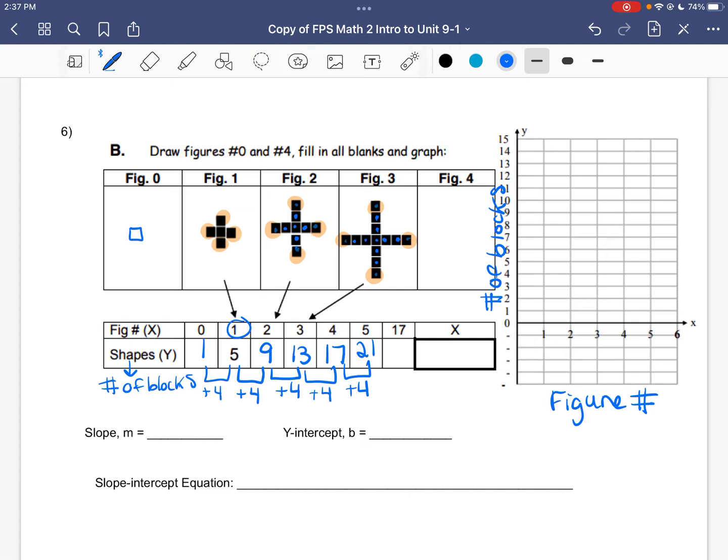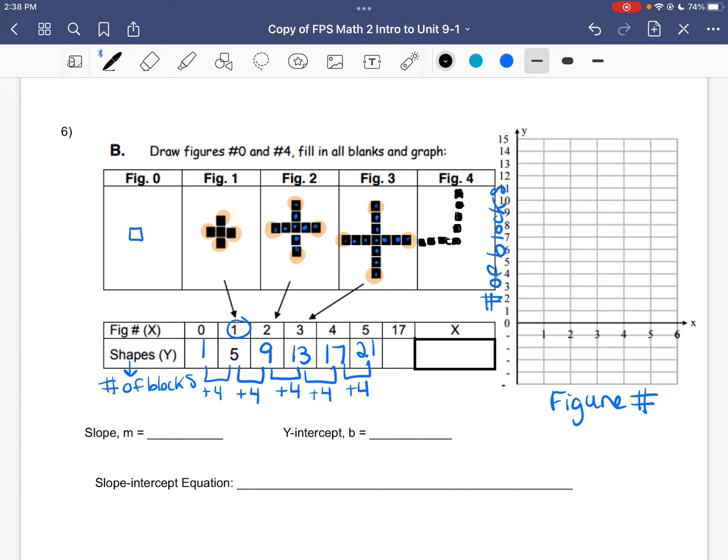And then for figure 4, try your best to draw the picture. Maybe I'll just draw circles instead of squares, or maybe I'll try to draw squares. So 1, 2, 3, 1, 2, 3, 4. Now I'm adding a 5th, and then it looks like I have 3.